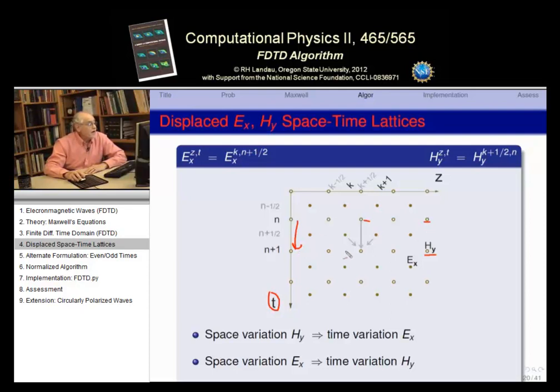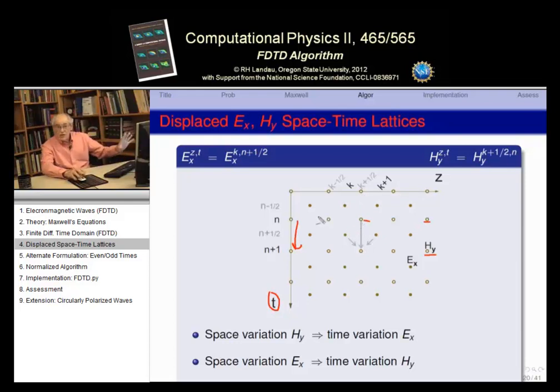Here are its values. However, if we look at what's being used, the electric field here, which is in the black dots, is at integer here, integer here. Electric field at integer space, but the magnetic field is at half integer space. So this is a half integer value moving ahead.